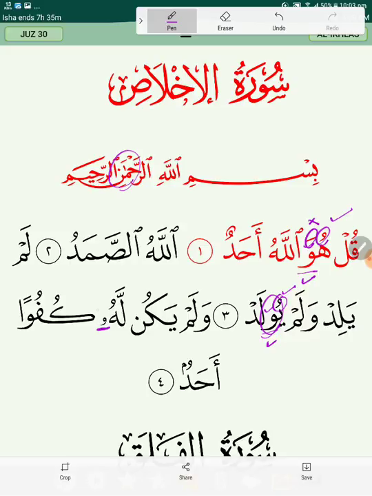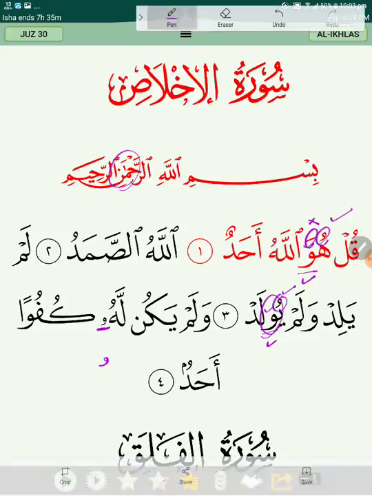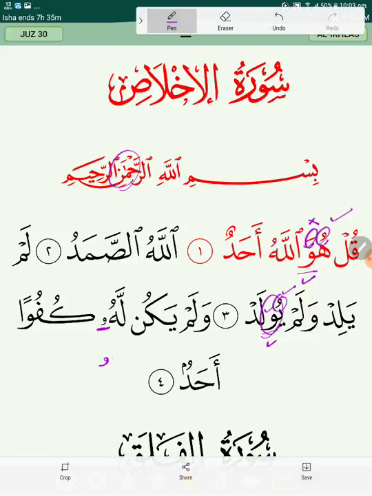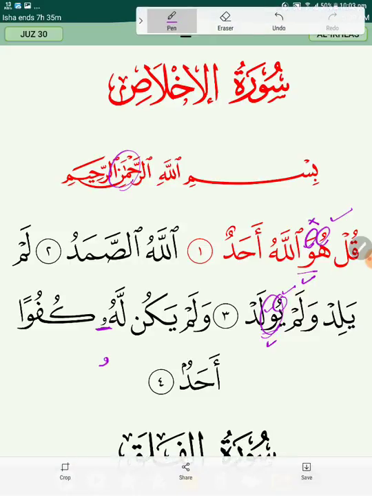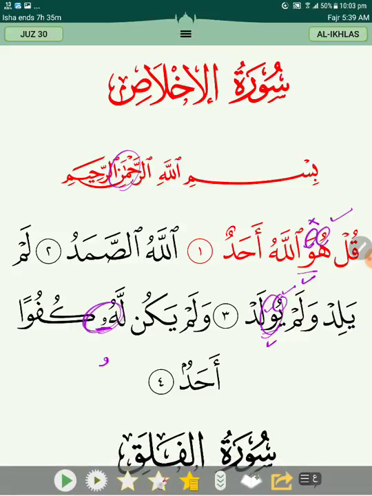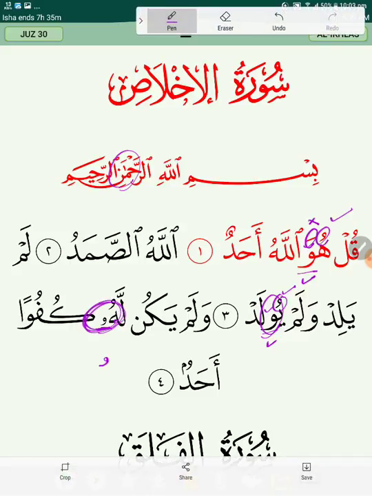So instead of the ulta pesh mentioned, it might be in your Qurans, here it is given as like this, a small waw written around after the letter. So this is also the case of madul asli. Okay, so if you see a small waw, you won't be seeing an ulta pesh, instead you'll be seeing a waw, kufuwan ahad. Okay, I hope I'm clear on this especially. I'm sorry I forgot to mention that before.